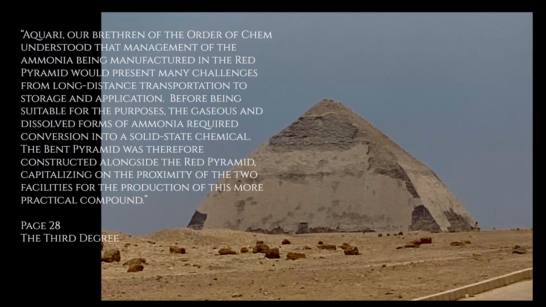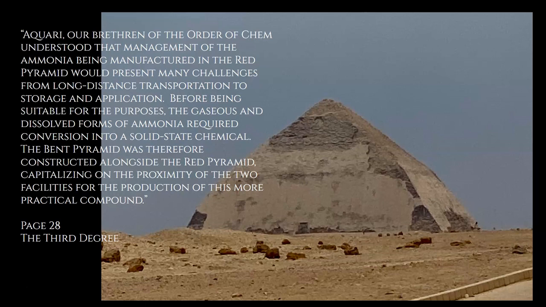Before being suitable for those purposes, the gaseous and dissolved forms of ammonia required conversion into a solid-state chemical. The bent pyramid was therefore constructed alongside the red pyramid, capitalizing on the proximity of these two facilities for the production of this more practical compound.